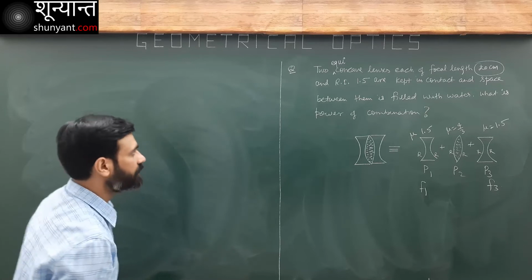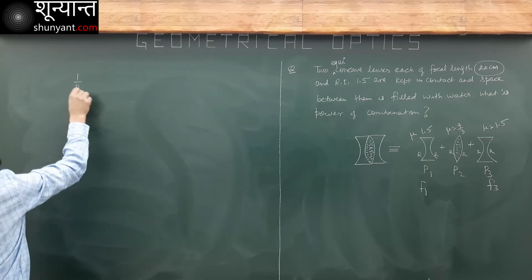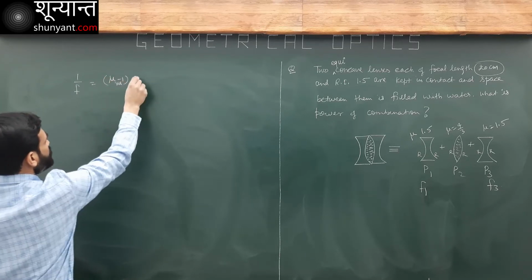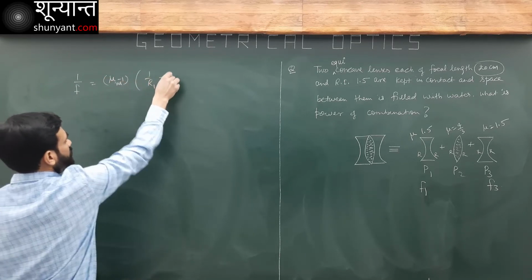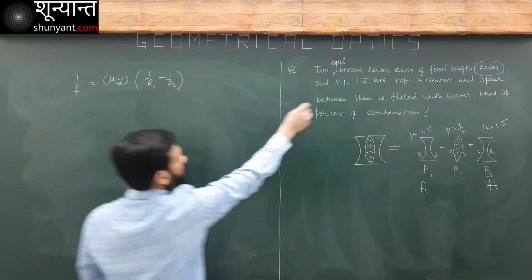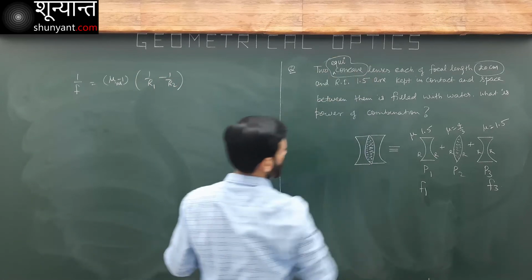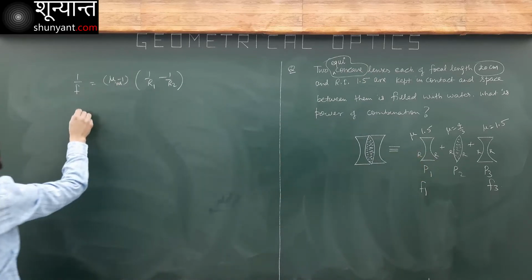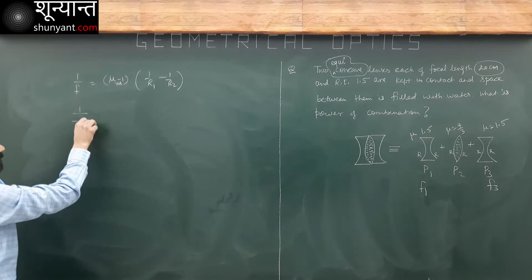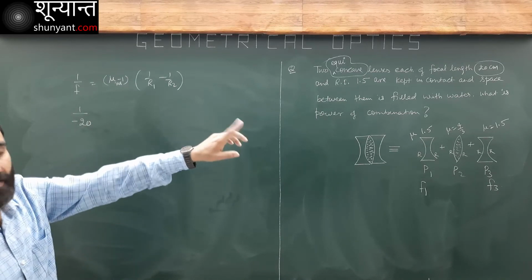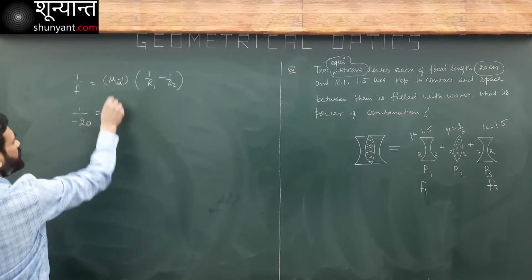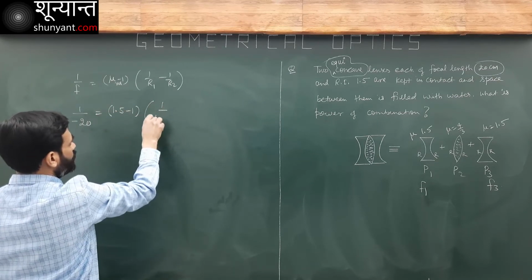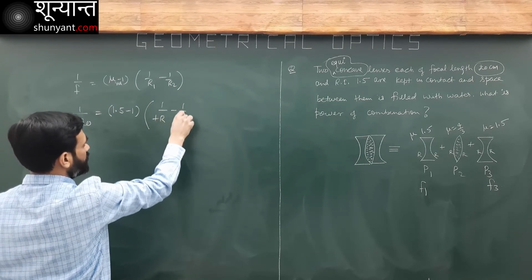Using focal length, 1 over f is mu relative minus 1, times 1 over r1 minus 1 over r2. It's an equiconcave lens, so the radii are the same, r and r. So it's like this: 1 over minus 20 centimeter focal length is equal to 1.5 minus 1 times 1 over minus r minus 1 over plus r.